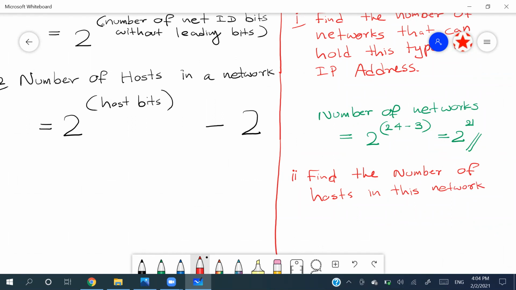Find the number of hosts in this network. Hold on. Find the number of hosts that can be connected to this network.